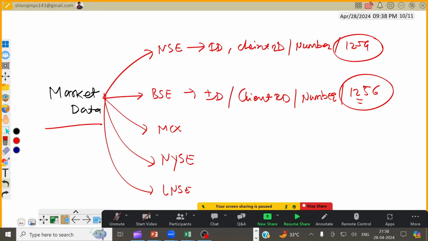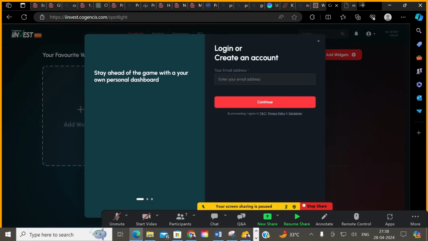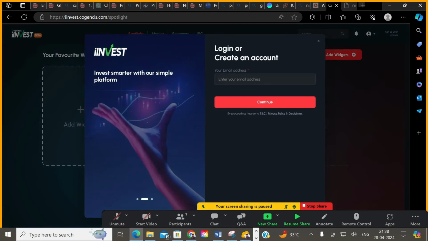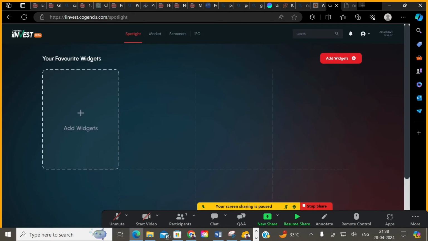But apart from that, if you go and see, all stock exchanges track the information of every stock in this way. If I talk about Wipro's whole Kundali, you can track it. All means all. Just go back here.